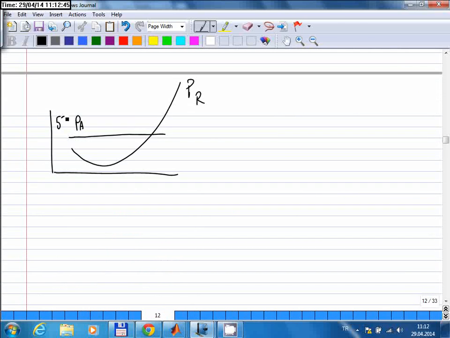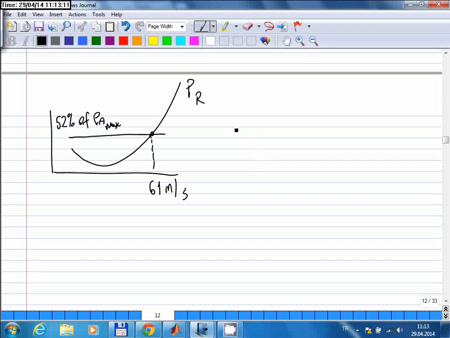I think it was 52, right? 52% of PA max, and the intersection was at 61 meters per second. Okay, so PA is equal to PR. There's no difference here, and the excess power is equal to 0.